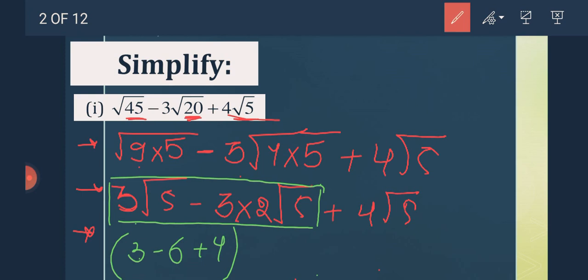Then if we subtract, we get 2 minus 3, it is 2, 2 2s are 4 and 3 2s are 6.